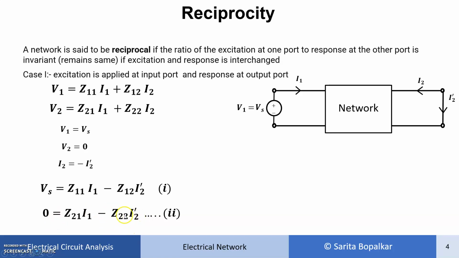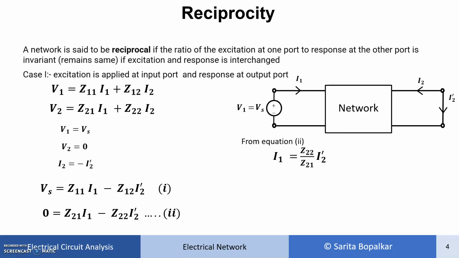Now from this second equation, we'll replace I1 in the first equation. Why? Because we want to take the ratio of excitation and response. Excitation is Vs and response is I2 dash, so we don't want this I1. We have to express I1 in terms of I2 dash, so we'll use the second equation.